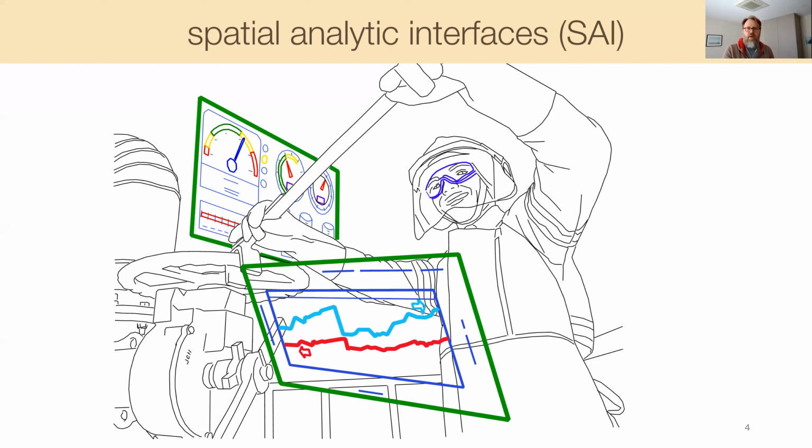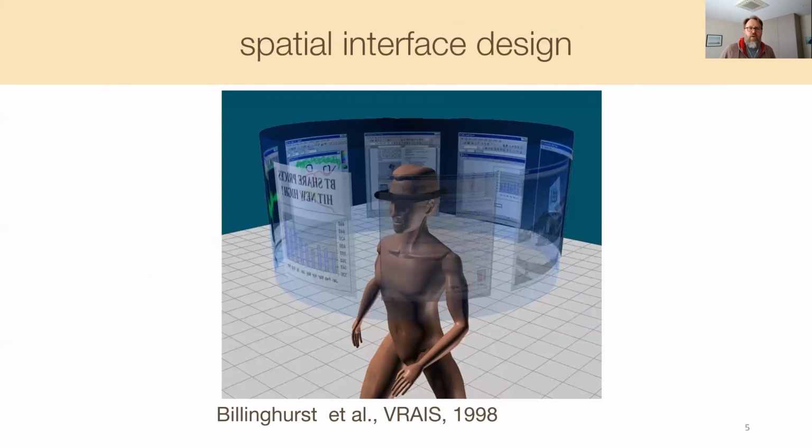All of the work I did then was inspired by some work from Mark Billinghurst, who did a project in 1998, a user study on augmented reality showing how you can use head switching to move between applications more quickly.